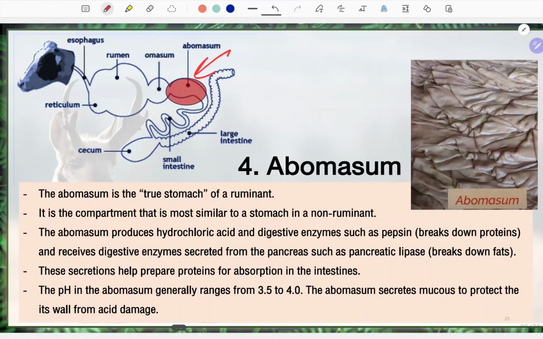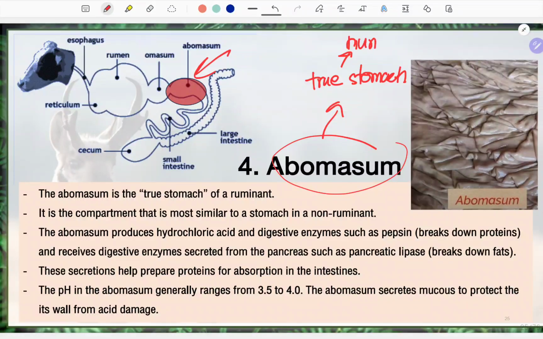And the last compartment, called the abomasum, is called the true stomach, like a human stomach. The abomasum is the true stomach of a ruminant.